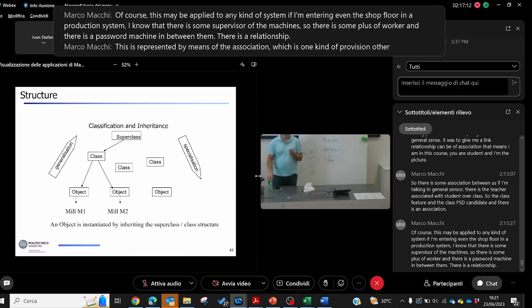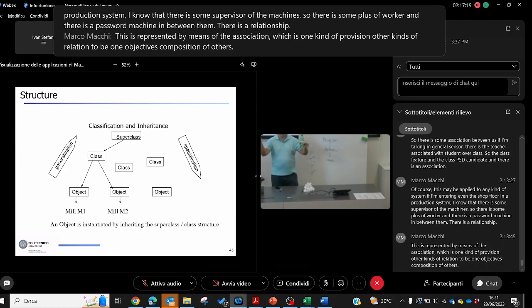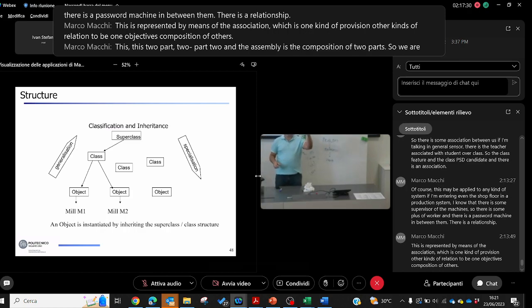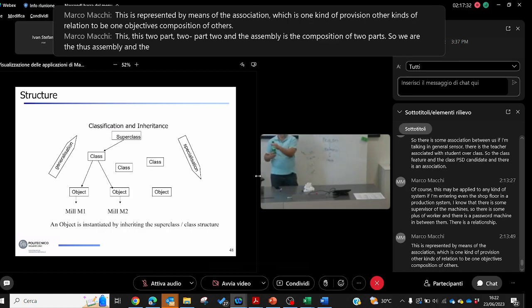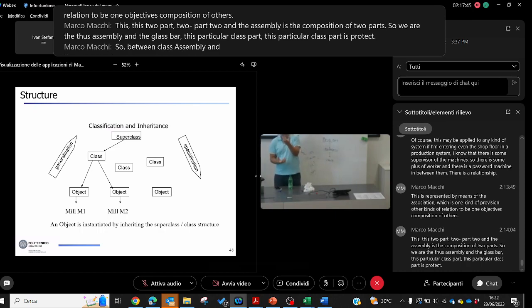Other kinds of relation could be one object being a composition of others. So these are two parts, and the assembly is the composition of 2 parts. So we have the class assembly and the class part. This pertains to the class part, this pertains to the class part, and this pertains to the class assembly. So between class assembly and class part, there is a relationship of aggregation.